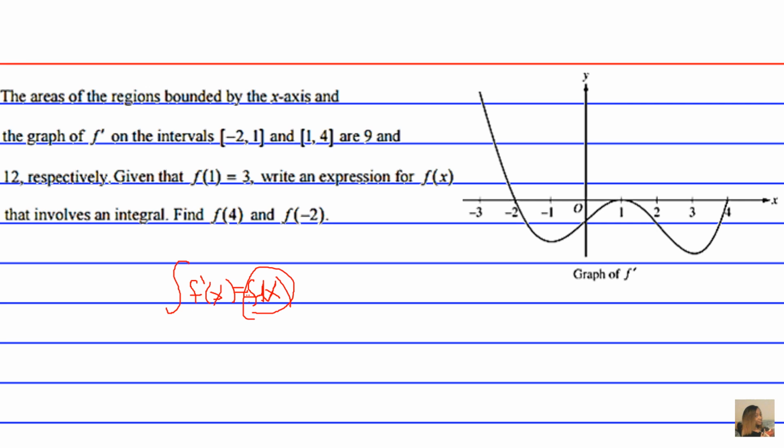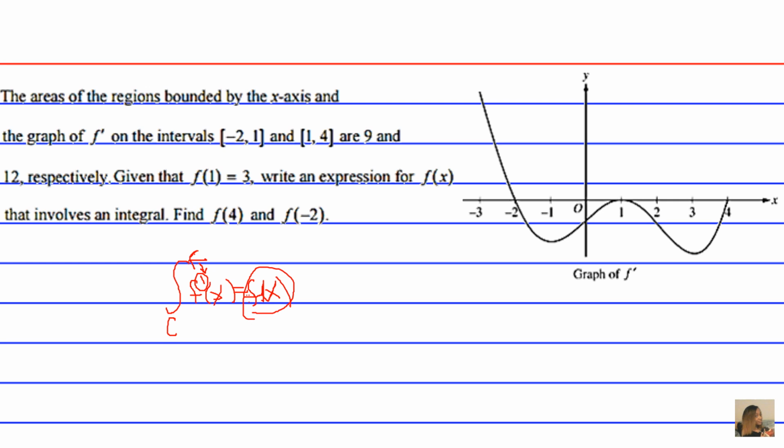So I don't know if you can see this, but integrating just basically undoes differentiation. Sorry for the time lag in my drawing. All right, so it undoes this and it just gives you f of x.